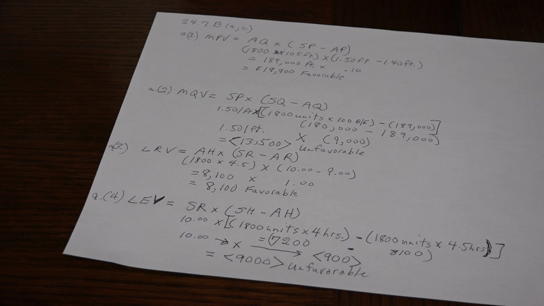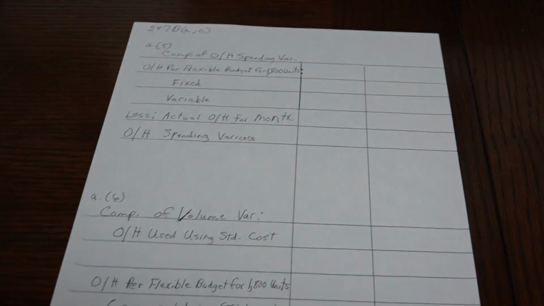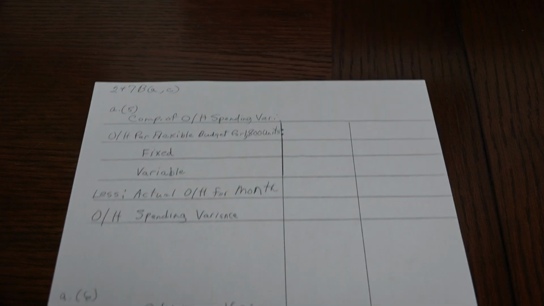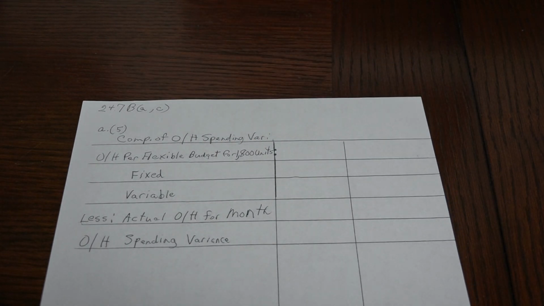So next we move to A5 through 6, and I'm doing that on a different sheet because it's kind of a different format. So I'll bring 5 down where you can see it good.